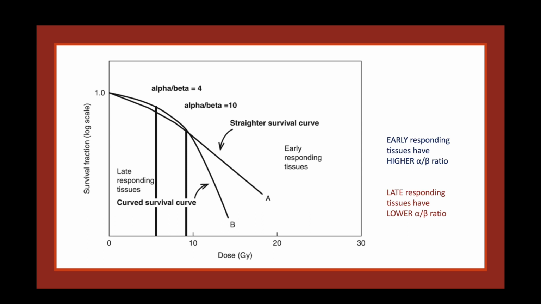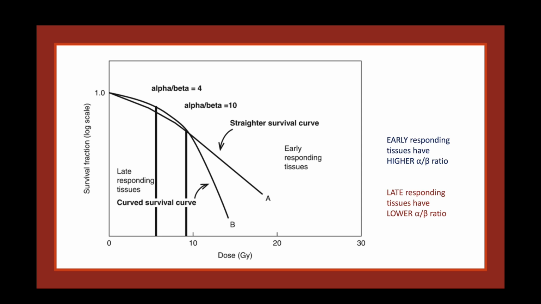The beta component, remember, is quadratic, and it's proportional to the dose squared. And so that quadratic component, or that beta component, curves down more sharply. It contributes to how quickly and how sharp that curvature is.